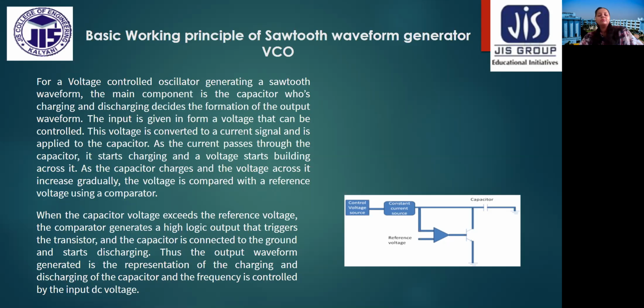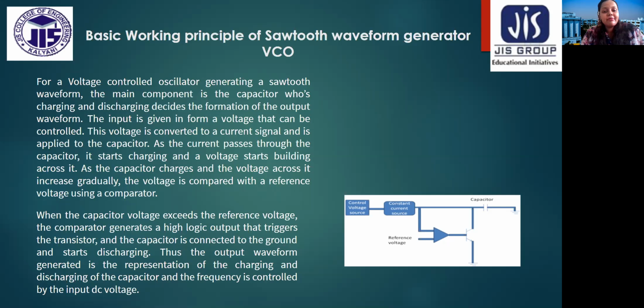Here I need to tell you one thing: whenever there is an oscillator producing a triangular or square waveform, there must be a capacitor whose charging and discharging is the deciding factor. So here also there is no difference.